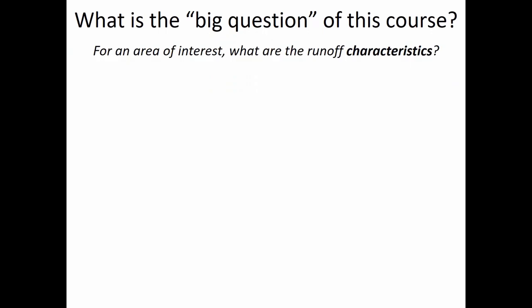So the way that I put it, if I was going to distill this course down to one question that you're learning all of these fundamentals to be able to answer, it's for an area of interest, what are the runoff characteristics?